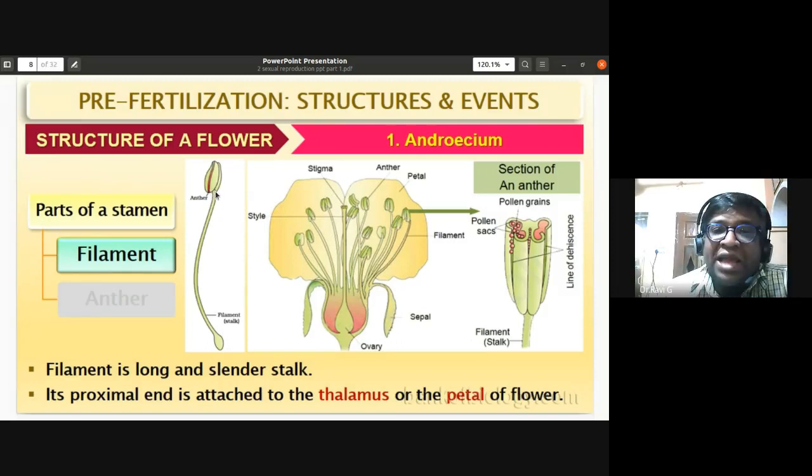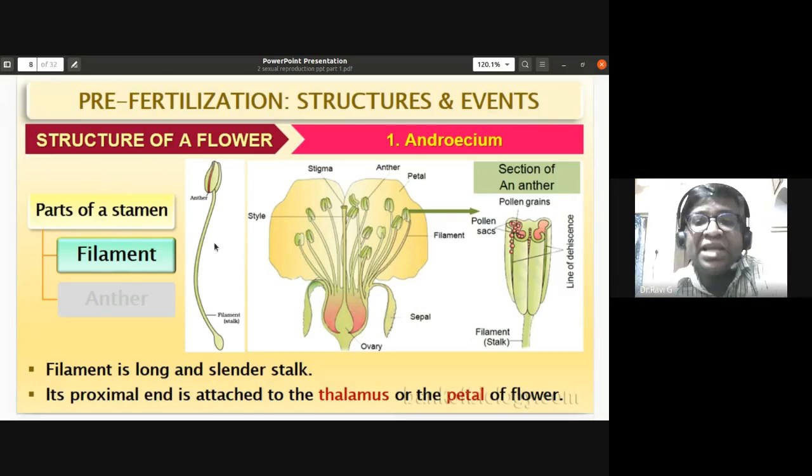It connects to the anther at the connective. The proximal end of this filament is usually attached to the thalamus, or in some cases to the petals of a flower. Then we call that condition the epipetalous condition.